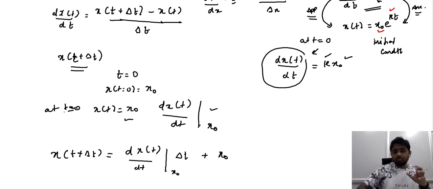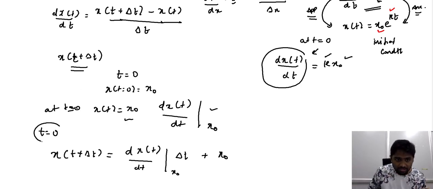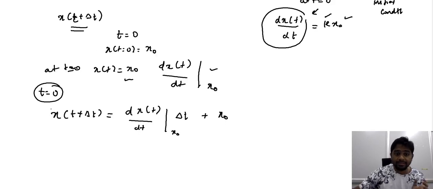So how solving this derivative works in a computational framework is, it begins at time t0, and at time t0 there are two parameters that are known to us.